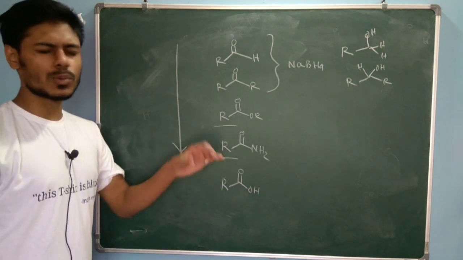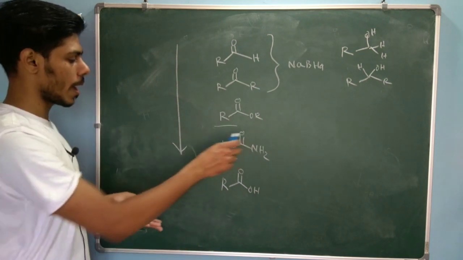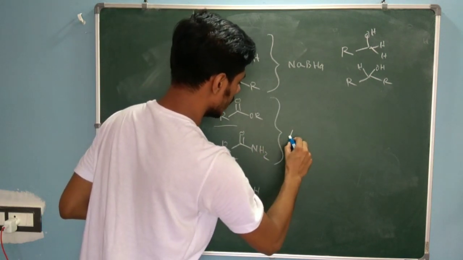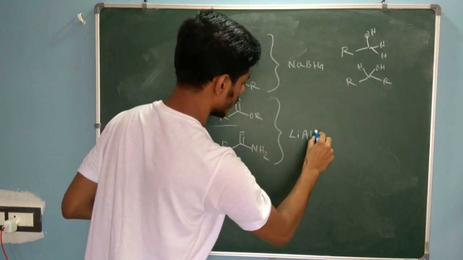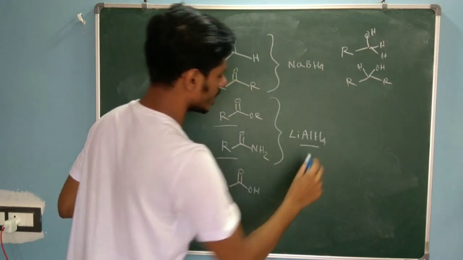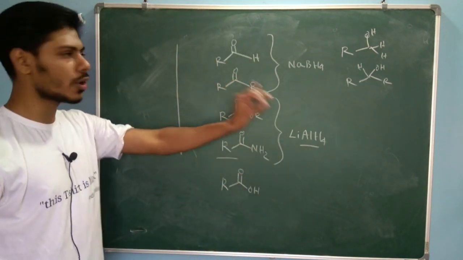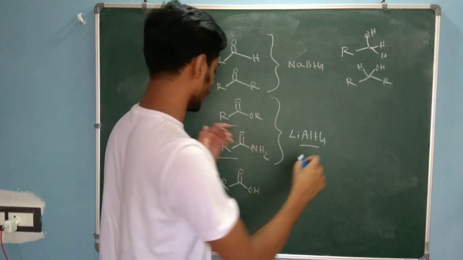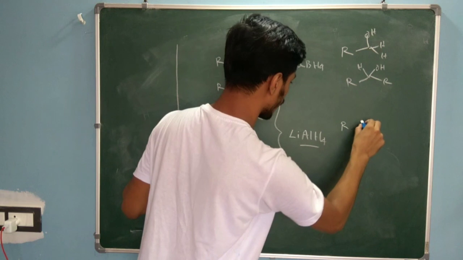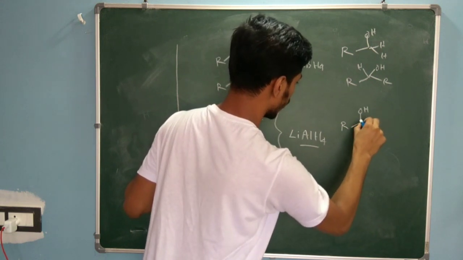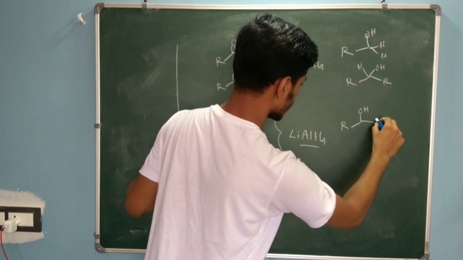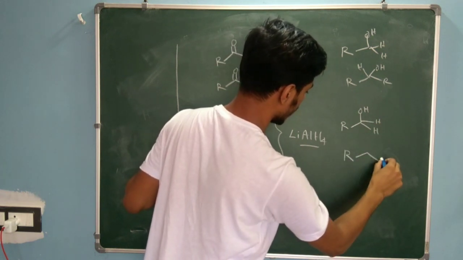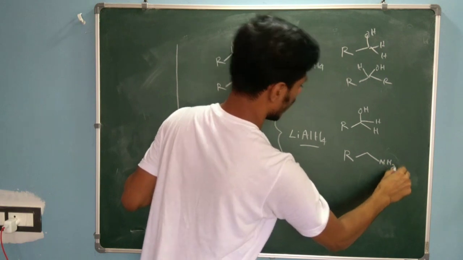In the case of ester you may get a little bit of product, but in the case of amide the reaction will not occur. In this case the choice of reagent would be lithium aluminium hydride. So that means we can say that lithium aluminium hydride is more reactive than sodium borohydride. Now in this case the product will be slightly different. In the case of ester the product will be a simple alcohol like this, but in the case of amide you don't get the alcohol, rather you get the amine.